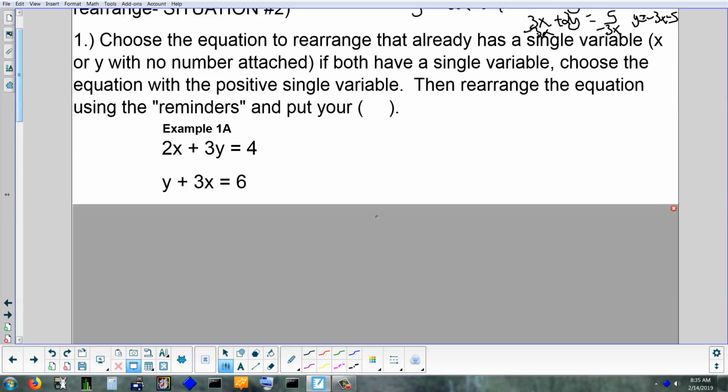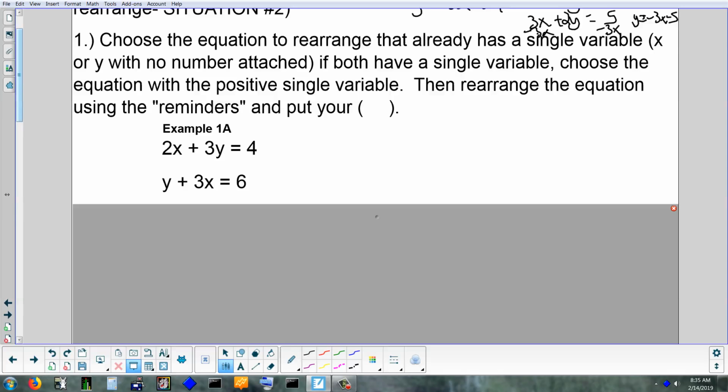So here, we want to choose the equation, either top or bottom, and then rearrange. We want to try to pick an equation that has what in it? A single variable. What type of single variable? Positive. My top one, I got a number attached to x, I got a number attached to y.